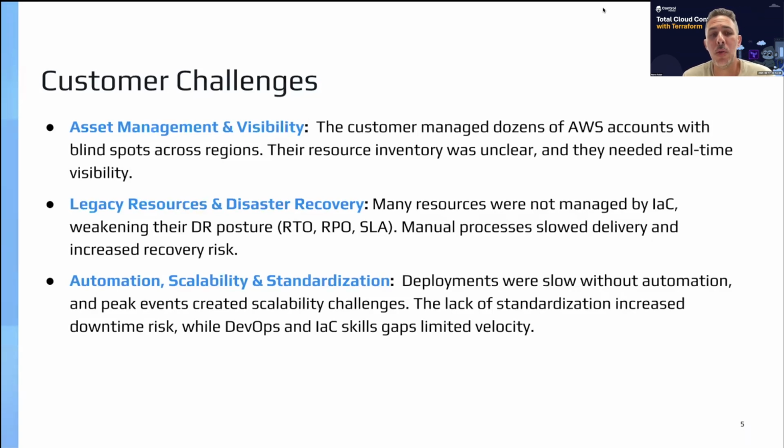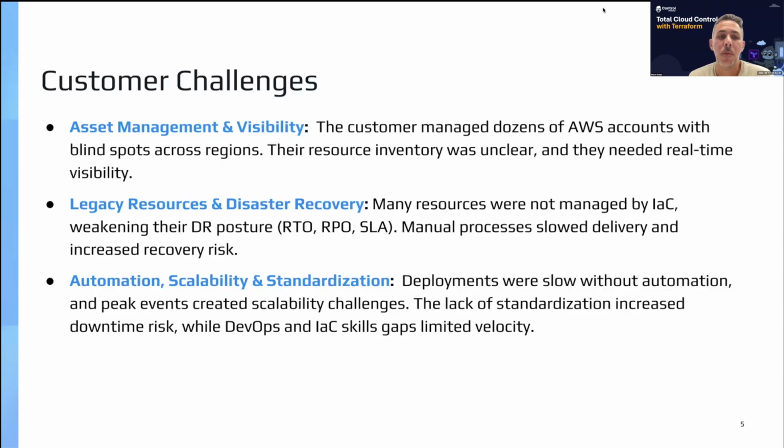Challenge number three was around automation and how to standardize infrastructure delivery. The automation that they built in-house didn't really scale. It slowed down automation, especially in peak events. In the retail industry, they have those peak seasons, which created scalability challenges for them.